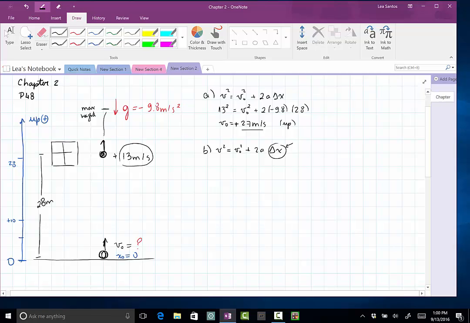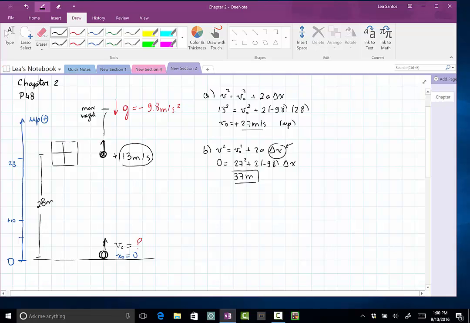We know that maximum height means 0 velocity, that's when we stop. So we just have to put these numbers there. Acceleration is minus 9.8, and find this delta x. This will give us how high we went, and if you solve this equation, you will find 37 meters.